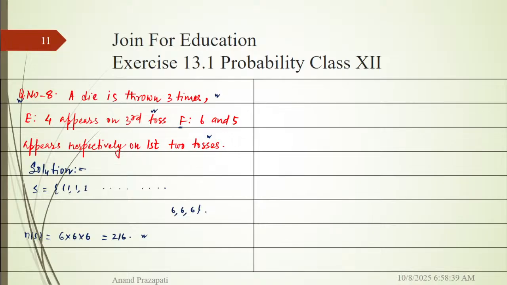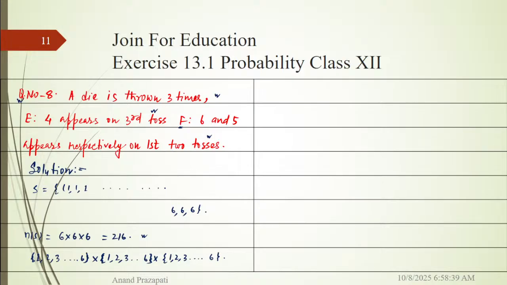It means that we apply the Cartesian product of 1 2 3 up to 6, into 1 2 3 up to 6, into 1 2 3 up to 6.